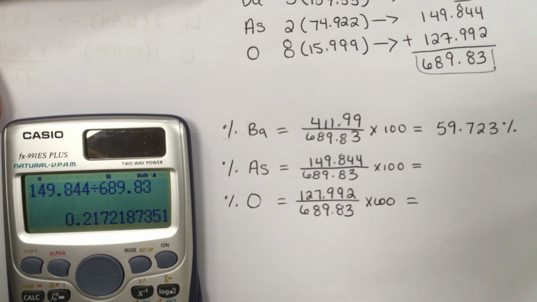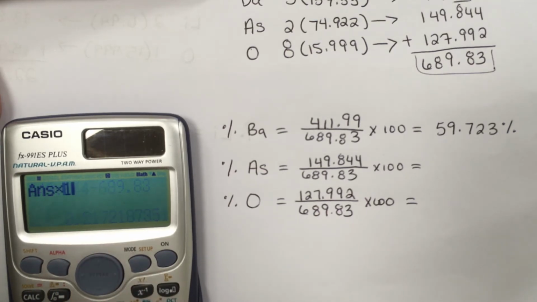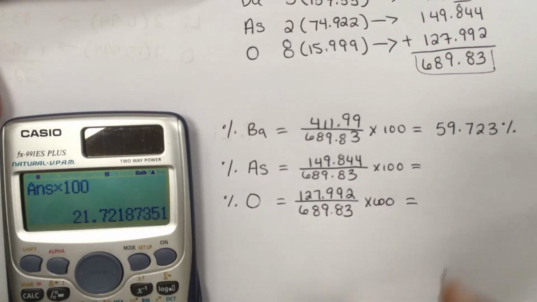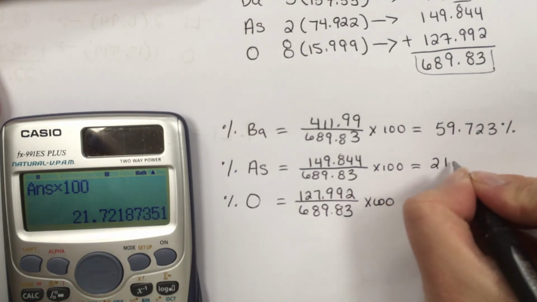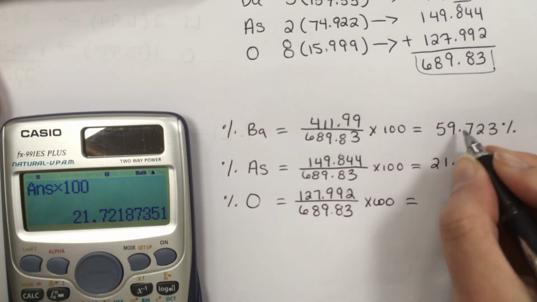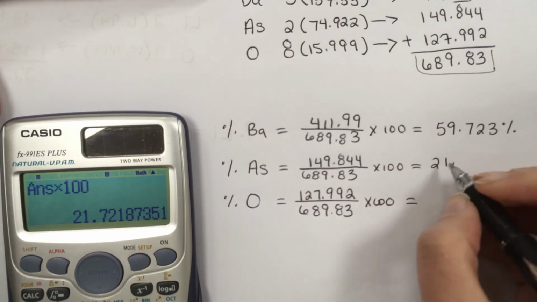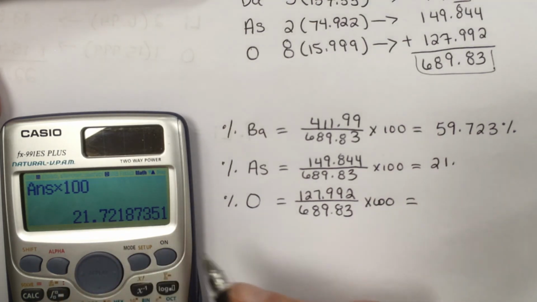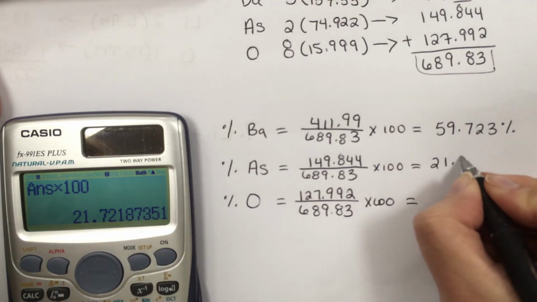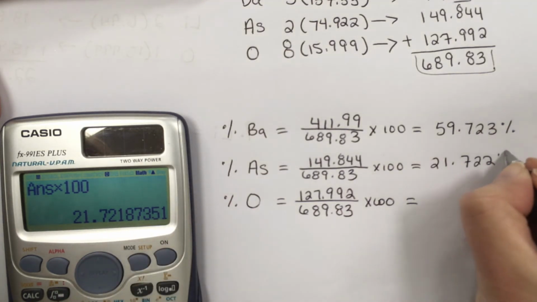There we go, that looks better. You could move the decimal over 2 or multiply by 100, whatever you're comfortable with. 21 point, and we need 5 significant figures. It looks like it'll be 5 because this is the lowest one. So 21.722%, because that 8 made that one round up.